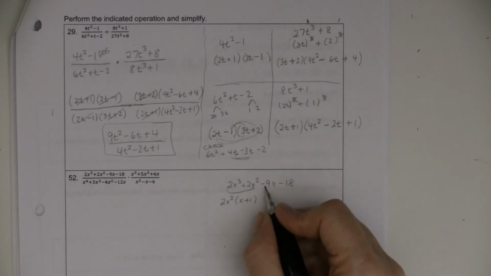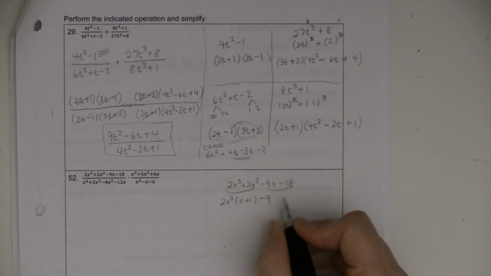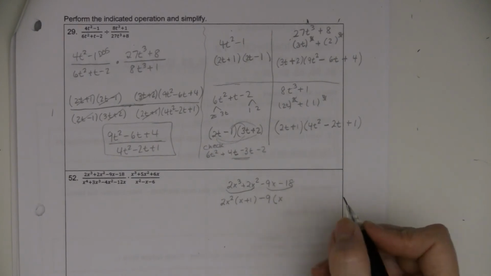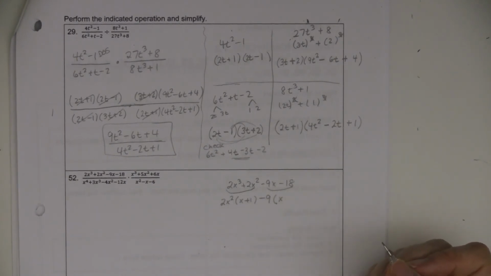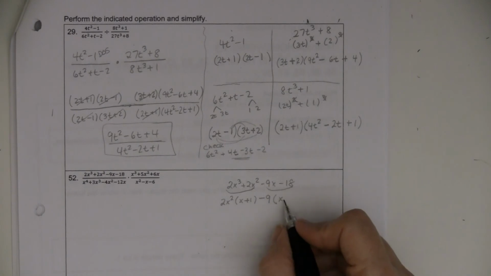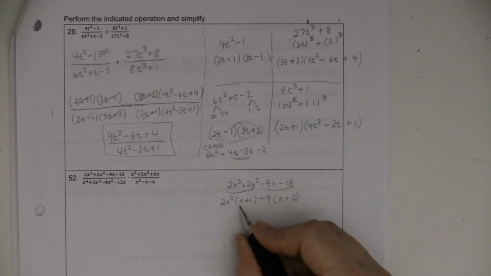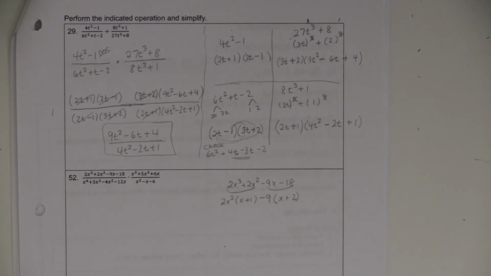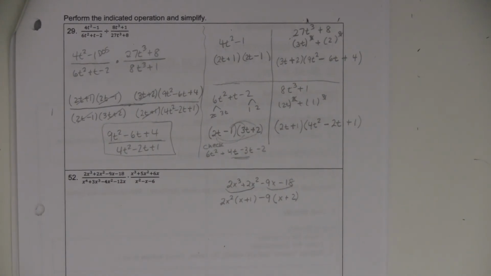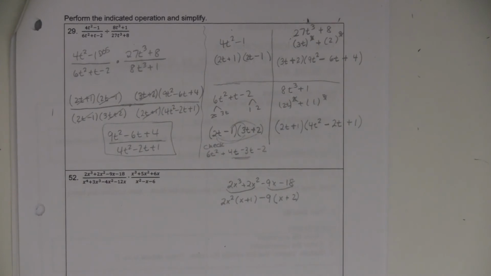And then a minus comes down and a 9 is what they have in common when I group them, and that's x plus 2. And those don't match up, and so I think this is the one I have a typo in, because that's not going to factor.